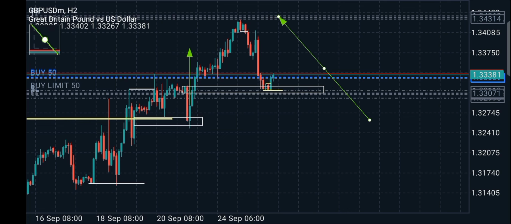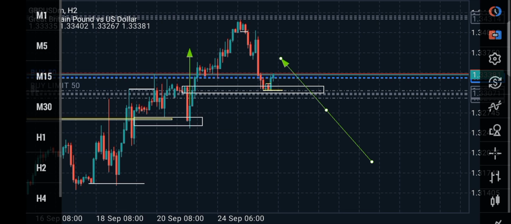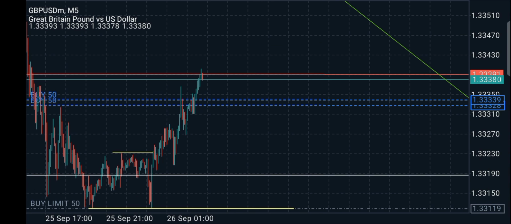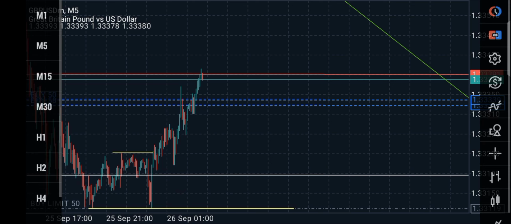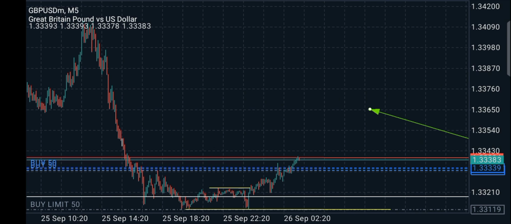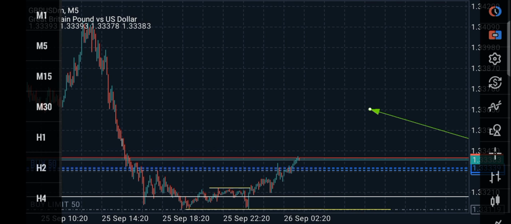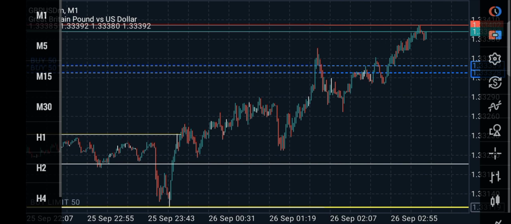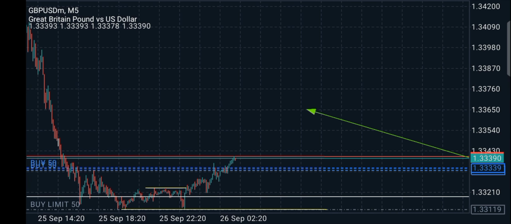Before I could enter the trade, I also went down to like 5 minutes to get my shift. Actually, I used 3 minutes here, but let's just go with 5 minutes since 3 minutes is not really on the option.